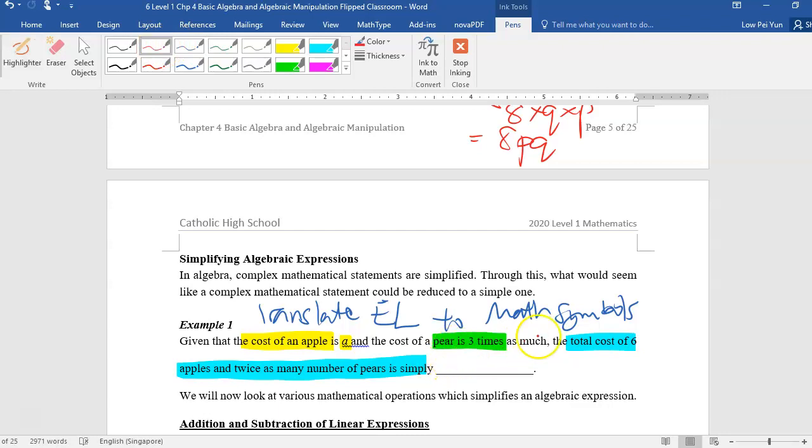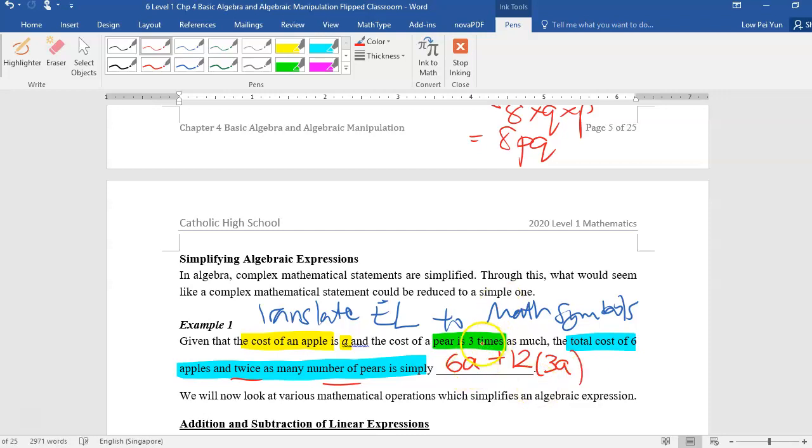So that will be 6 times A. And if I have 6 apples, twice the number of pear will be 12 pears. But how much is 1 pear? 1 pear is 3 times as much as the apple, so this is 3A.